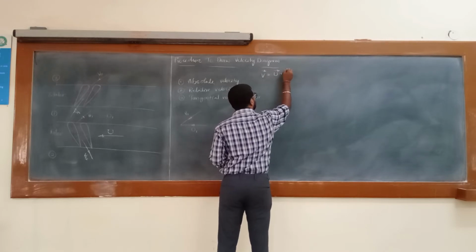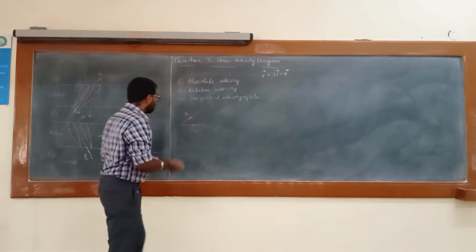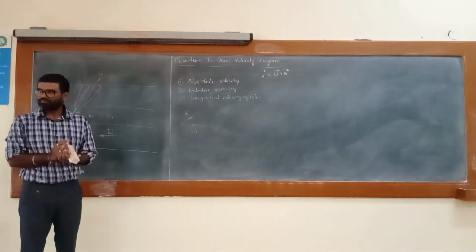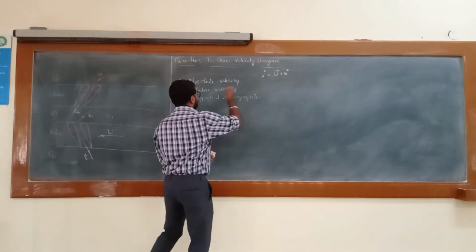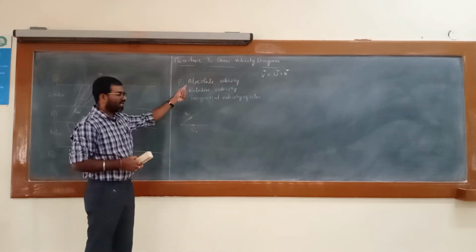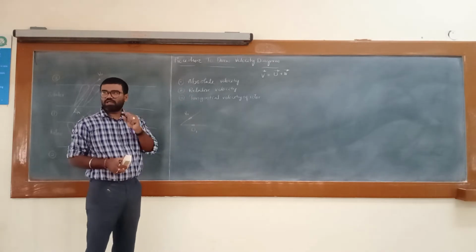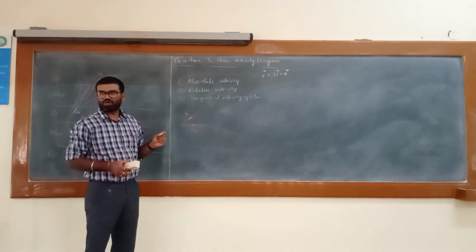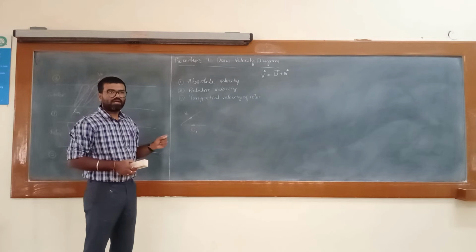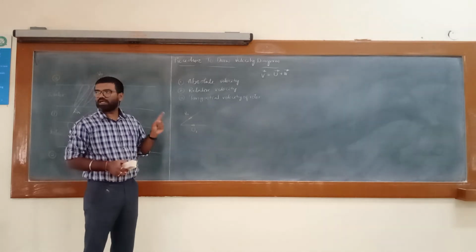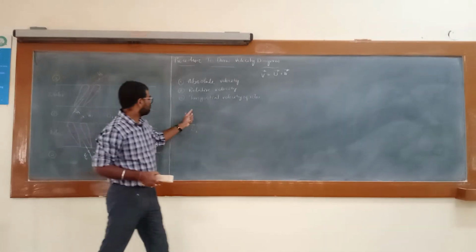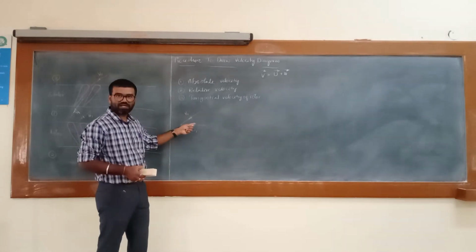This is the key rule we follow to complete the velocity triangle. Whatever velocities are there, we consider as vector quantities. What is the meaning of vector? It has both magnitude and direction. Is it right?